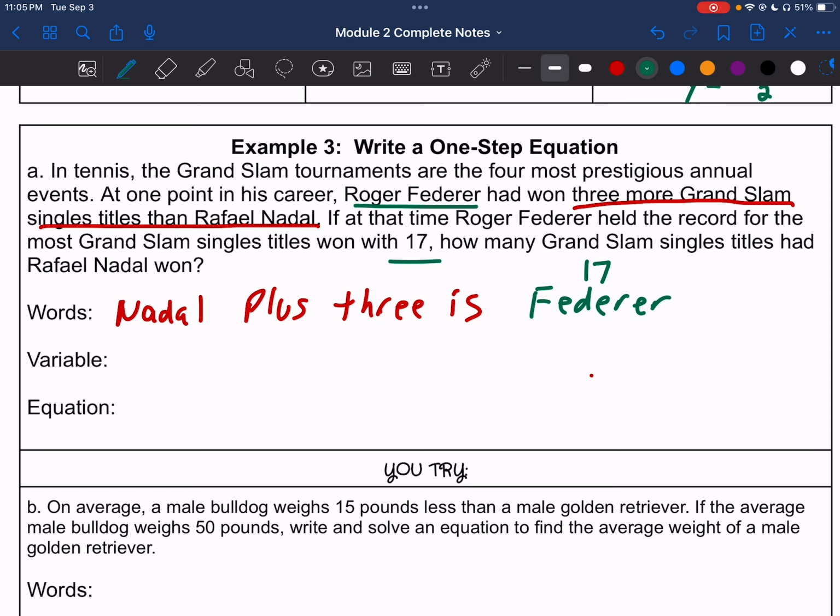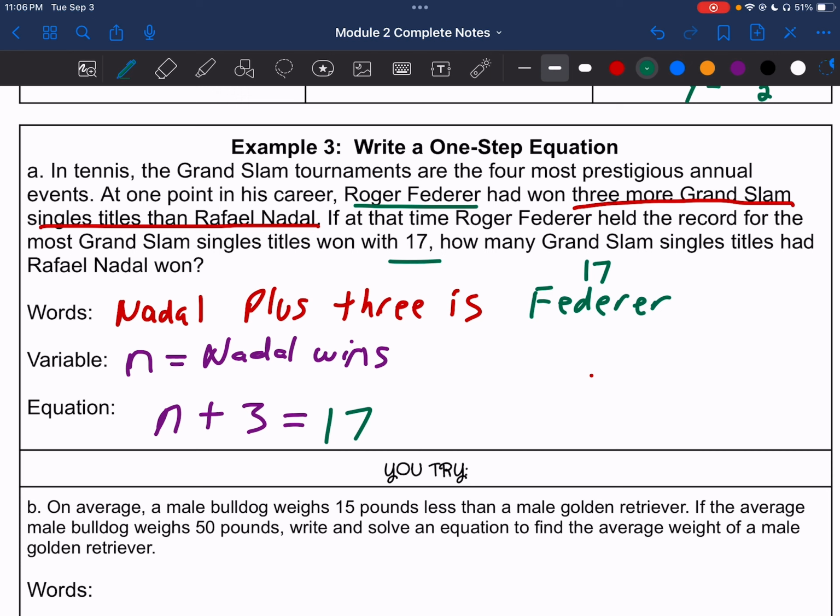So let's define our variable then. We're going to say n is equal to Nadal wins. Okay, n is Nadal wins. And so if we write our equation, we have Nadal wins plus 3 is Federer, which is 17.